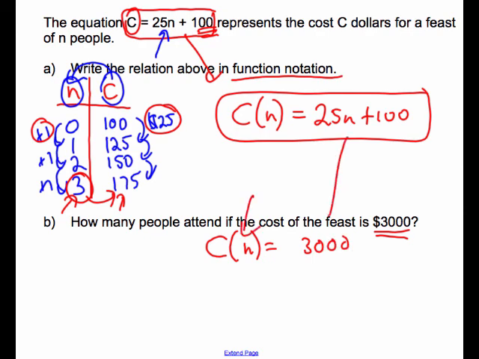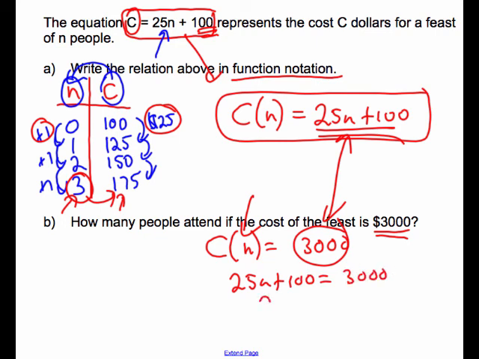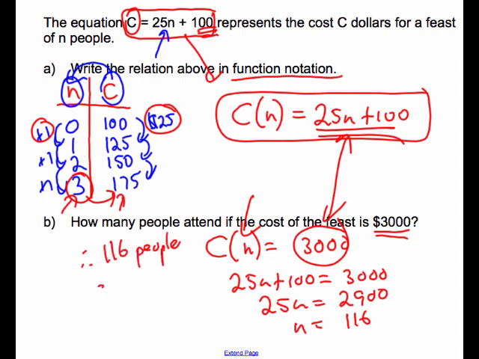Well, we could simply equate the 3,000 to this to calculate what n must be. And if you divide 2,900 by 25, you get 116. So therefore, 116 people attending costs $3,000.